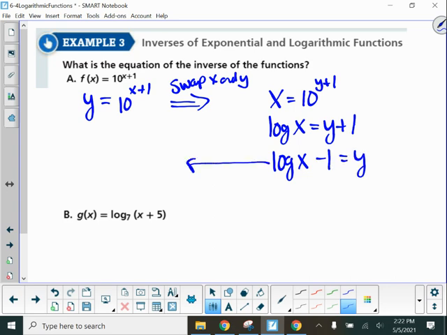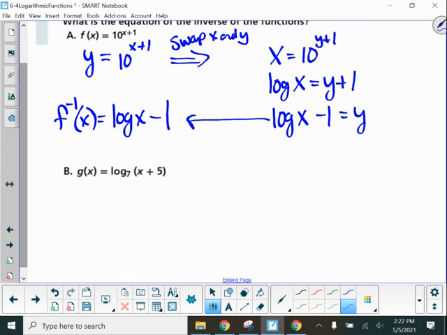That means my inverse, and again, my notation with the -1 there means inverse. I'm basically taking that y and turning it back into function notation. This is log x minus 1. Again, the inverse of the exponential, 10 to a power, is a logarithmic function.